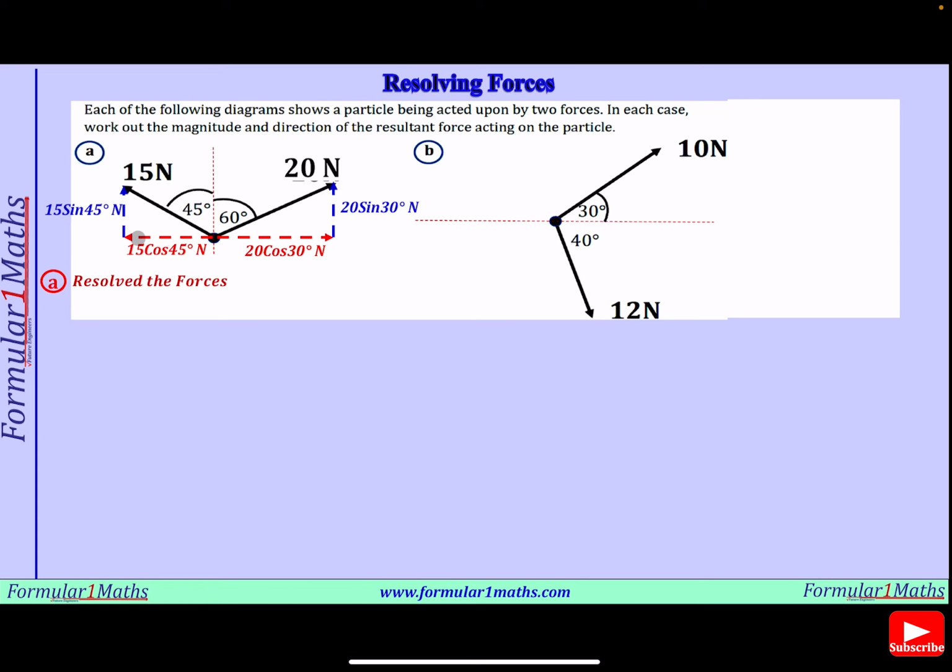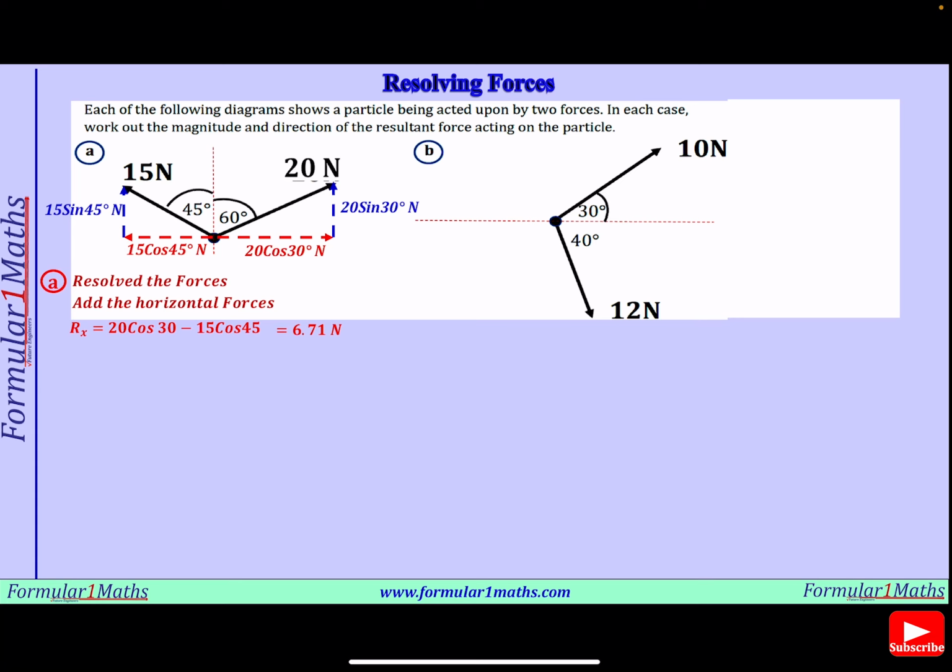So for the horizontal component of the resultant force, we add these two forces to get this. So Rx, which is the horizontal component of the resultant force, is 20 cos 30 minus 15 cos 30, because this direction here is negative. If you evaluate that, you get 6.71.